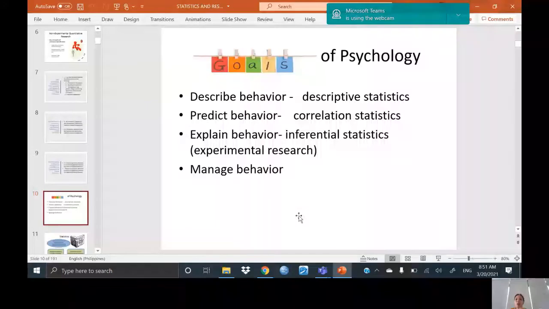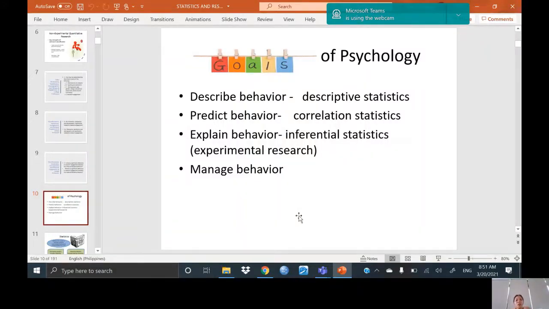So when one of the goals of psychology is to describe behavior, that means we are using statistics in order to describe behavior. Thus we use descriptive statistics. Then we also have predicting behavior. In order for us to predict behavior, scientifically, mathematically, we use correlation statistics.